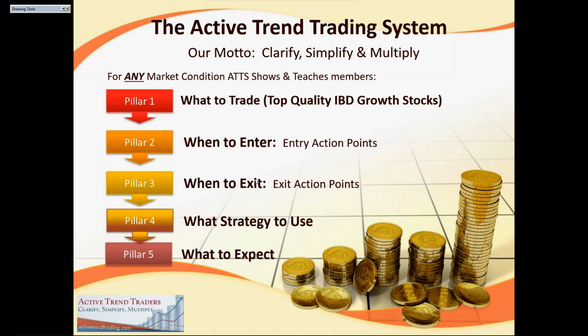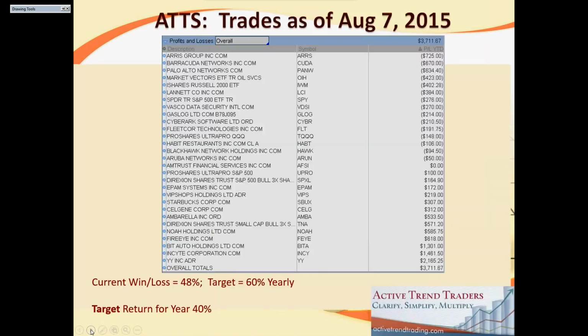Right now we're in a very big protective mode, making sure that we keep our losses down to a small portion, and we were stopped out of our final long position today in Blackhawk. So when to exit, what strategy to use, and what to expect.